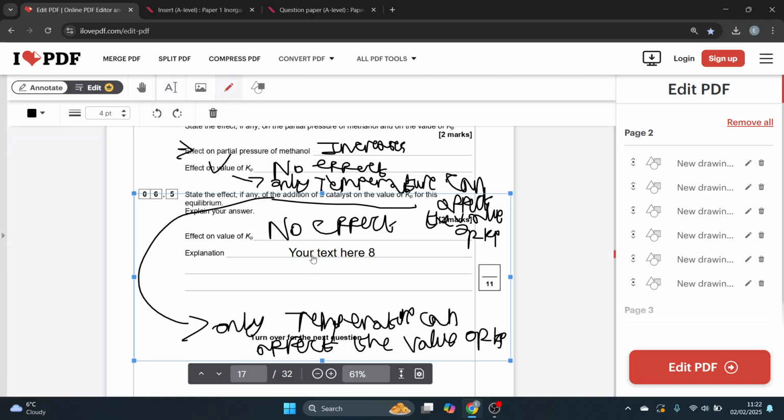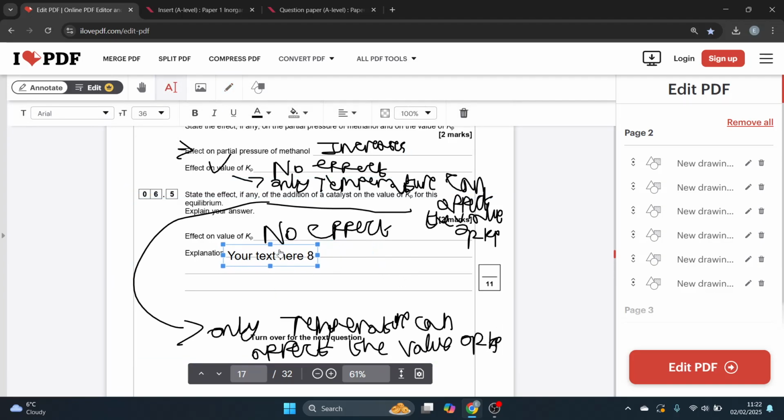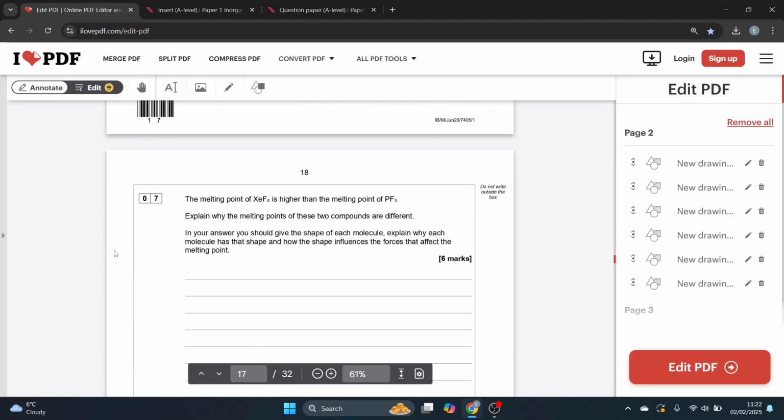Reasoning: it's because catalysts increase the rate of forward and reverse reactions equally, therefore it's not going to have any effect.